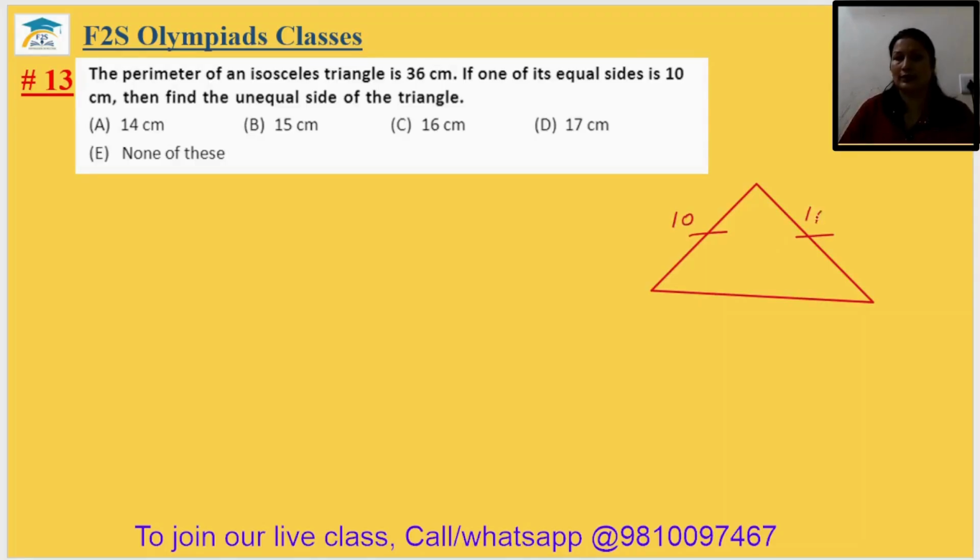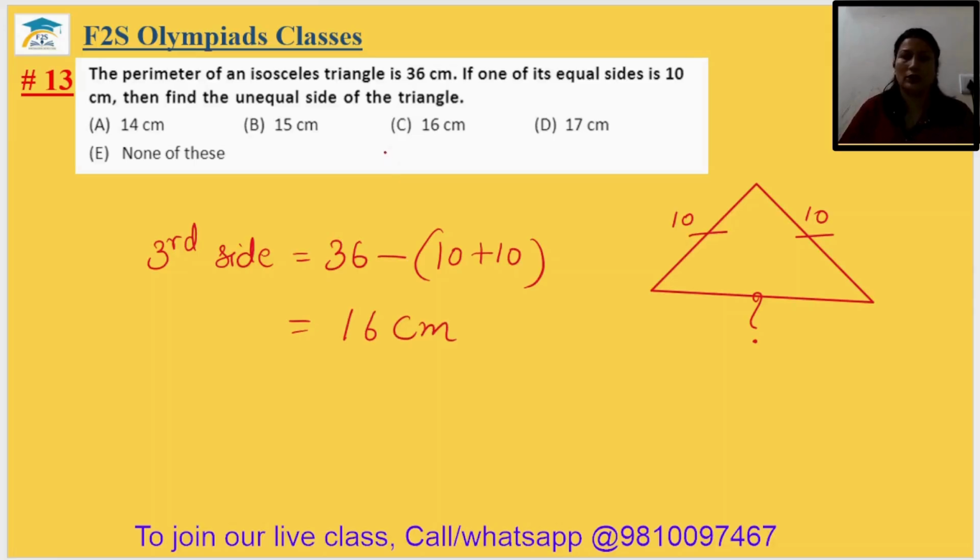It is 10, it is 10. This one we don't know, but perimeter is given. So the third side will be equal to perimeter minus the sum of the other two sides. So that is your 10 plus 10, 20, 36 minus 20. It is your 16 centimeter. Here it is in the option number C. The 13th answer will be option C.